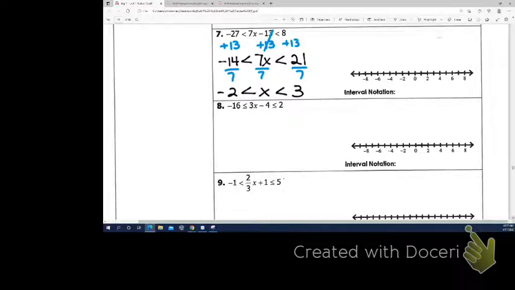So this time x is between -2 and 3. Does not include either of those numbers. They both get open circles, shading in between. So if you see the x in between, your shading is going to be between instead.